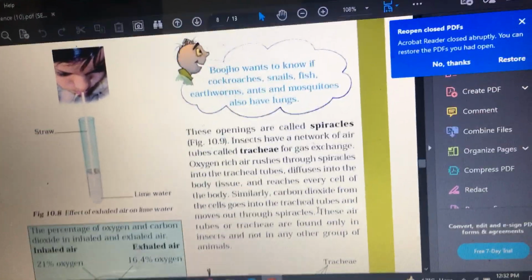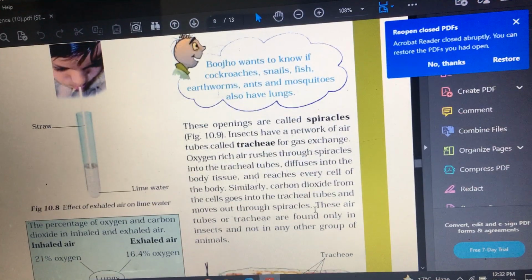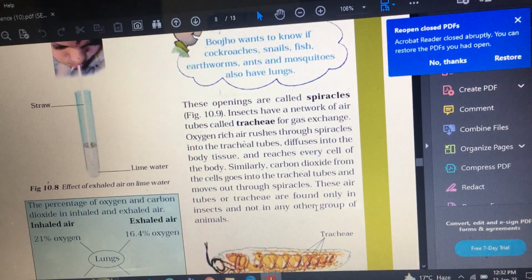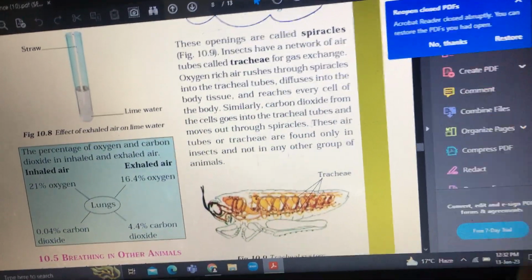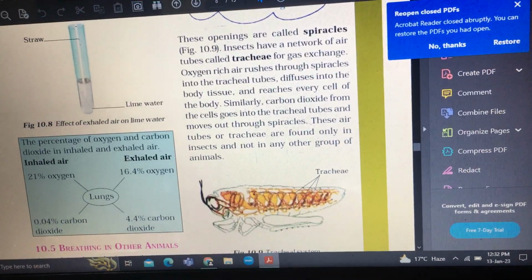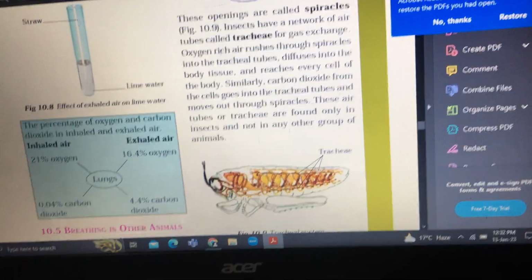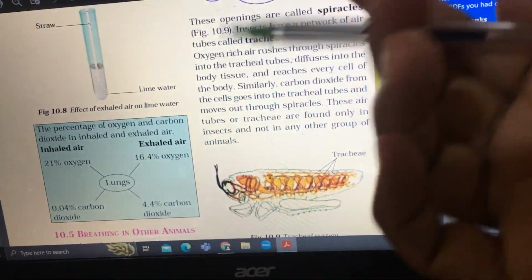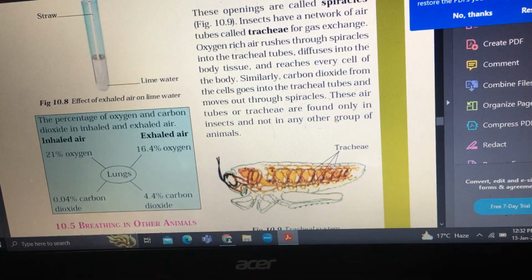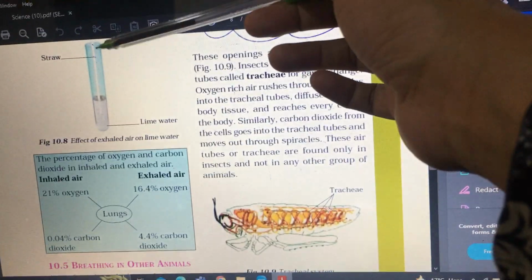Okay, the air in our body which is coming out is warm air, and this warm air is going to contain some water vapors from our body. That water vapor is coming out from our lungs, through our nose, and it gets collected in the straw or wherever you are blowing it.